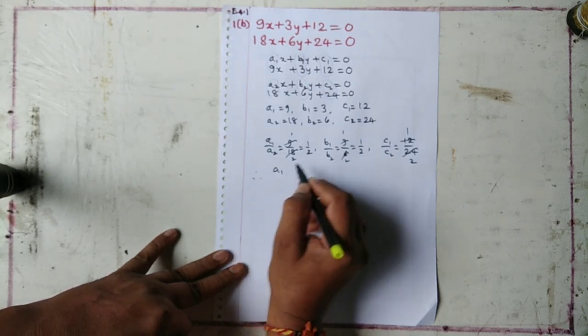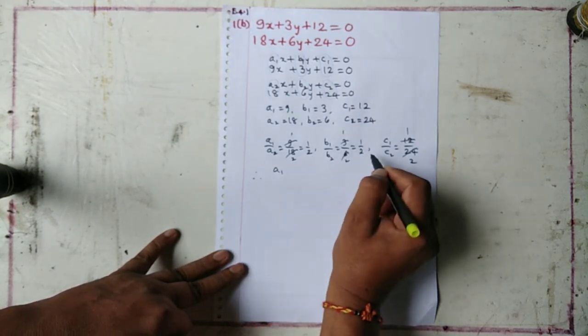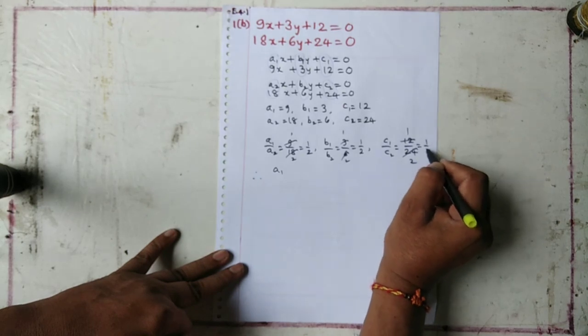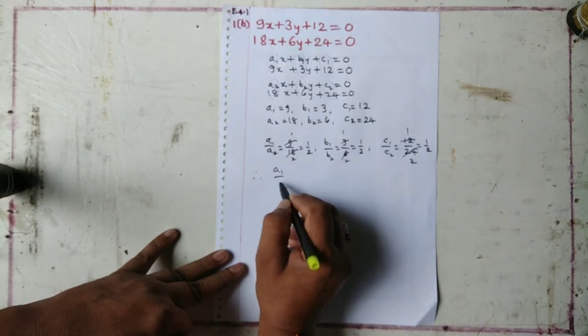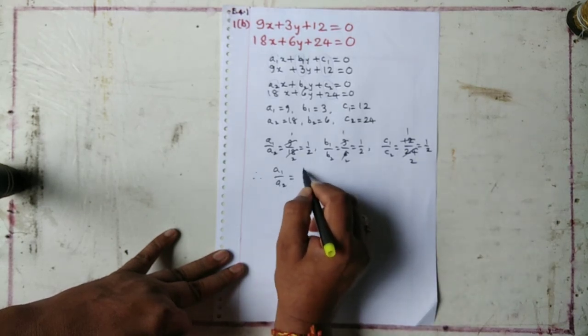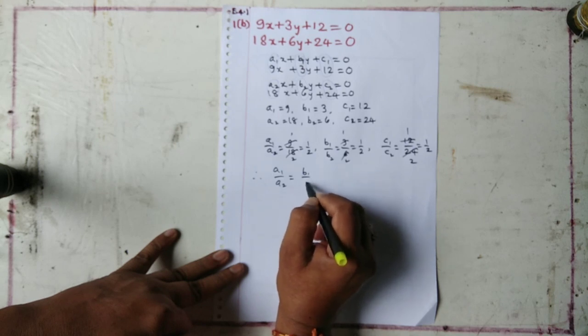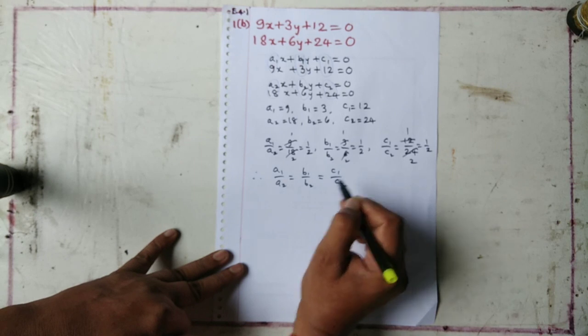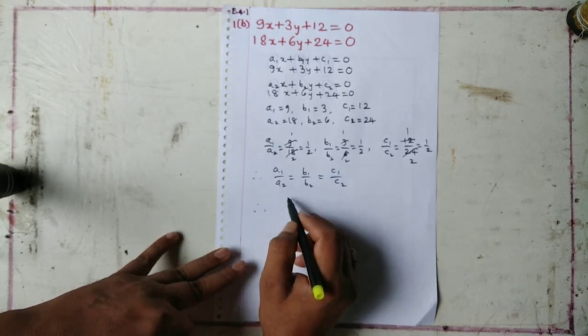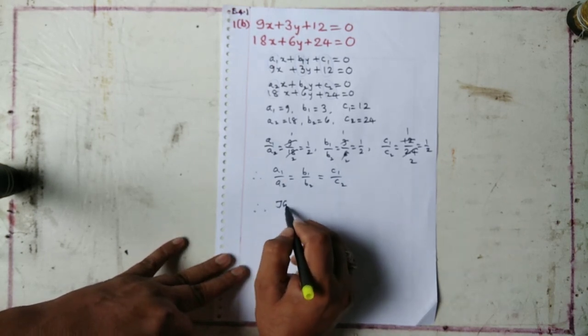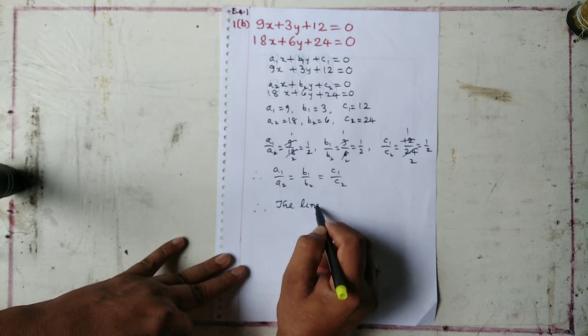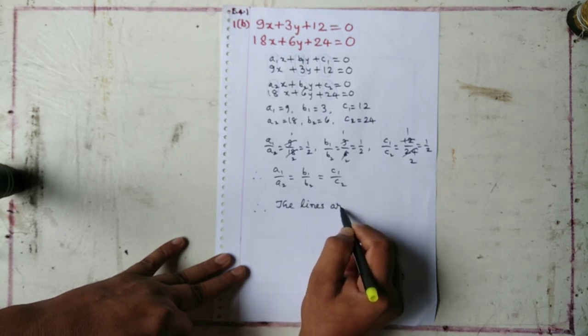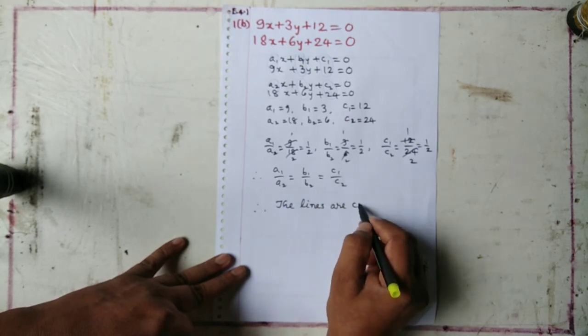Therefore, all are equal, 1 by 2, 1 by 2, 1 by 2. Therefore, a1 by a2 is equal to b1 by b2 is equal to c1 by c2. Therefore, the lines are coincident.